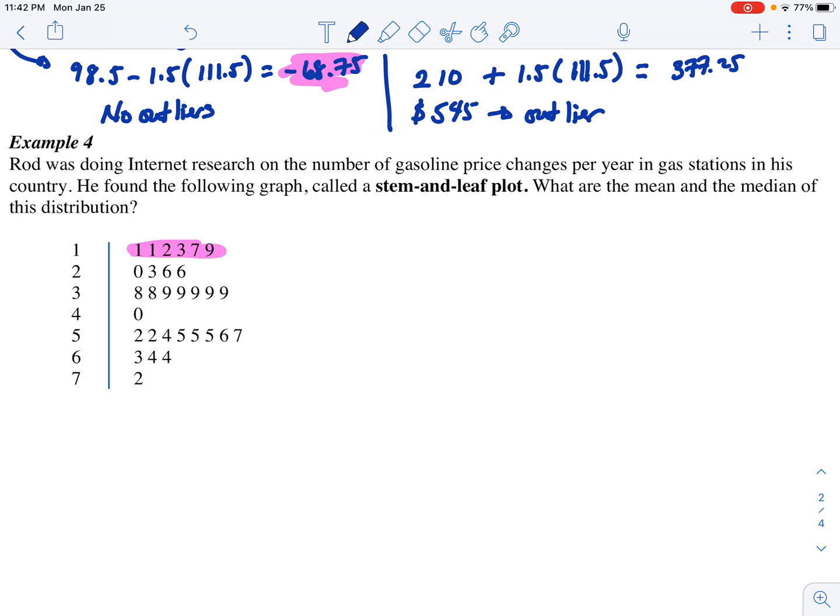So this is the first one, that would be 11. 11 again. 12. 13. 17. And 19.